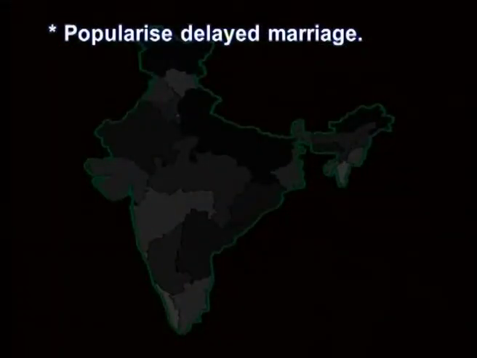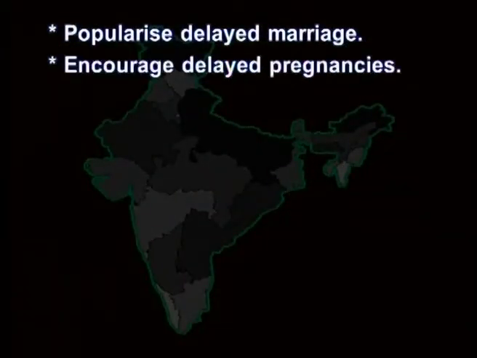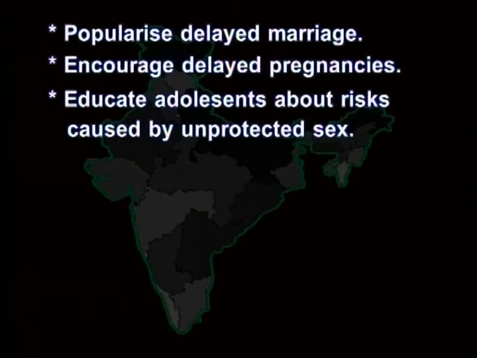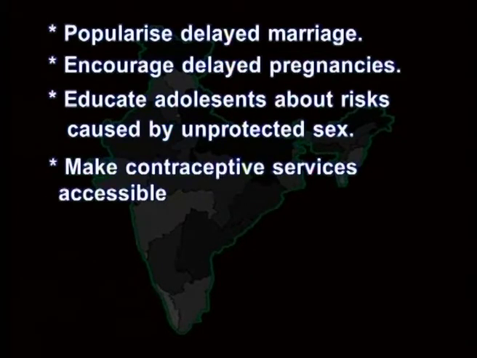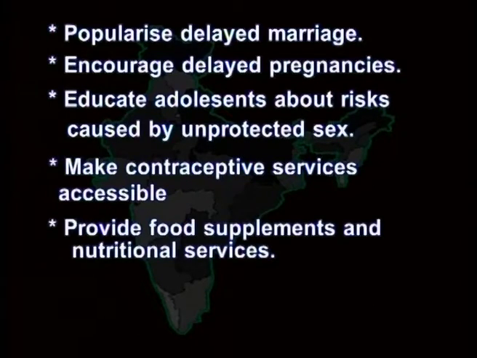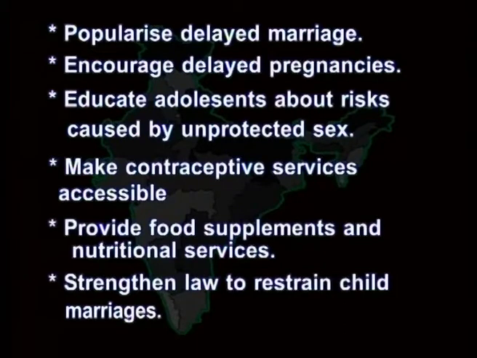NPP has made plans to implement programs that would popularize delayed marriage, encourage delayed pregnancies, educate adolescents about risks caused by unprotected sex, make contraceptive services accessible and cheaper, provide food supplements and nutritional services, and strengthen law to restrain child marriages.